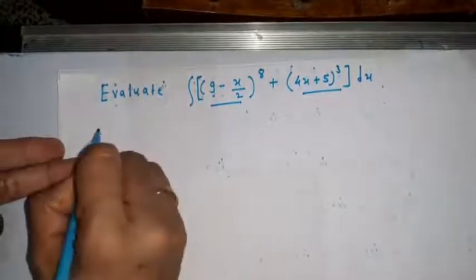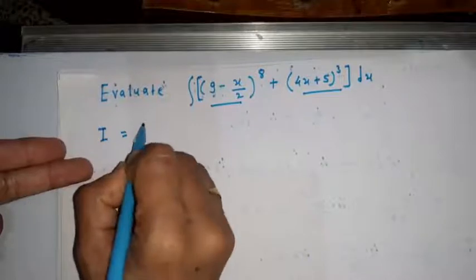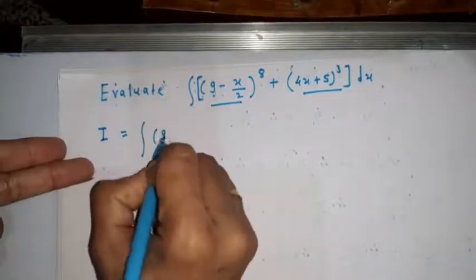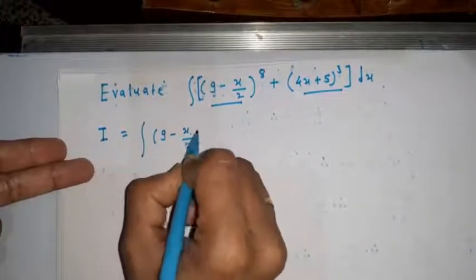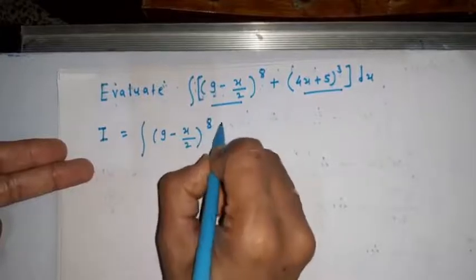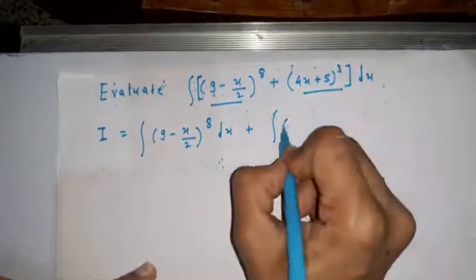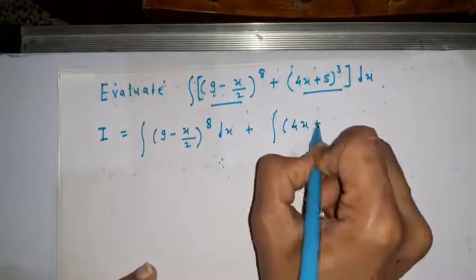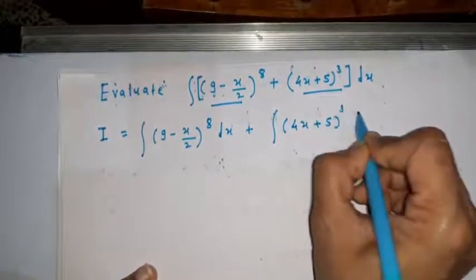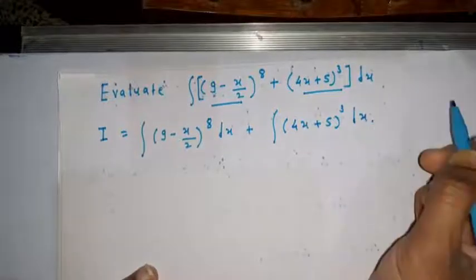Take their integration separately, that is integration I equal to 9 minus x upon 2 whole the power 8 with respect to x, plus take the integration of second term, that is 4x plus 5 raised to 3 with respect to x.